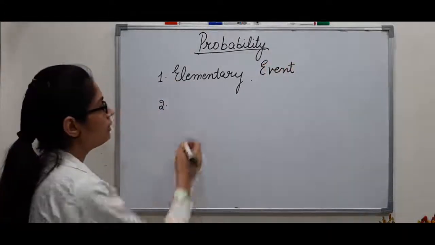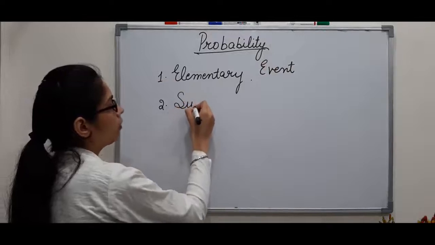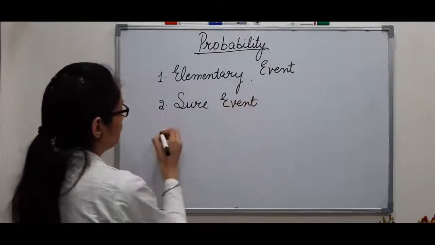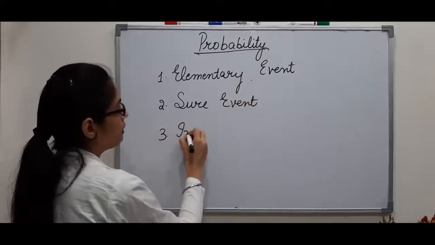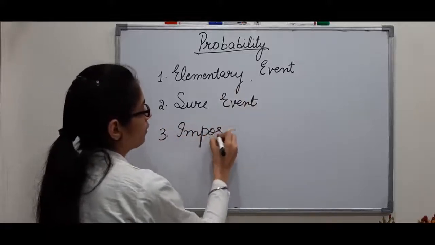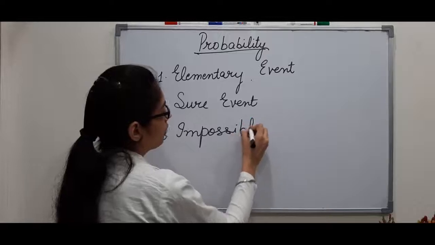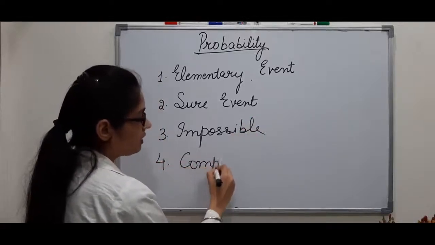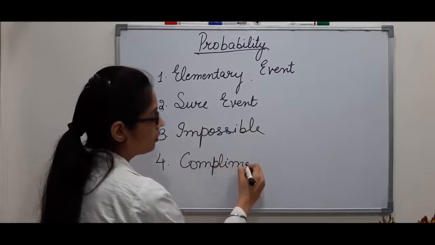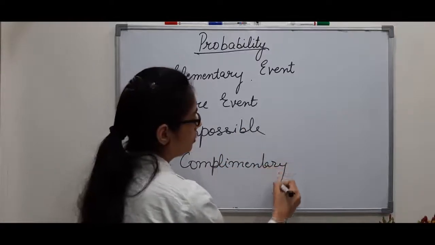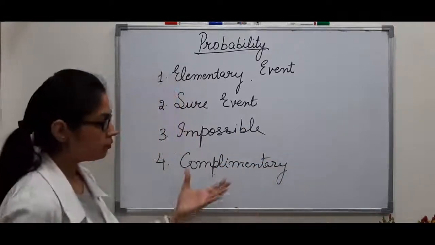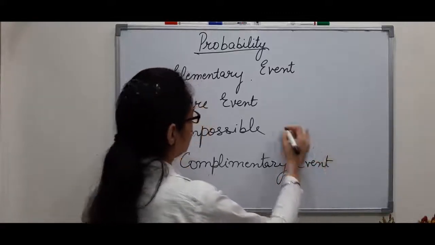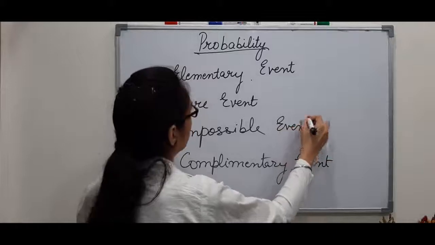The other one is sure event. Then we have impossible event. Then complementary events. So these are the terms which we will see in this chapter. So now we will understand these terms one by one.